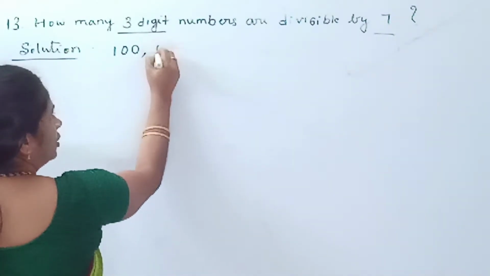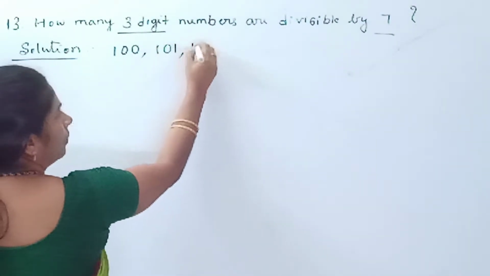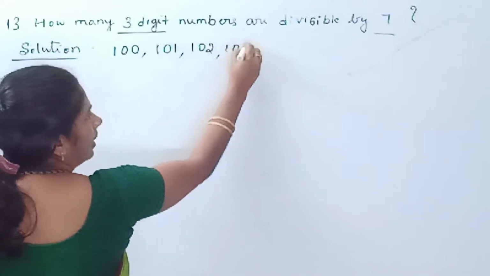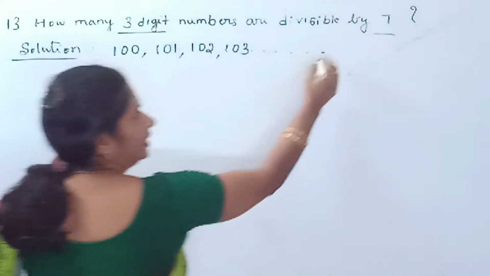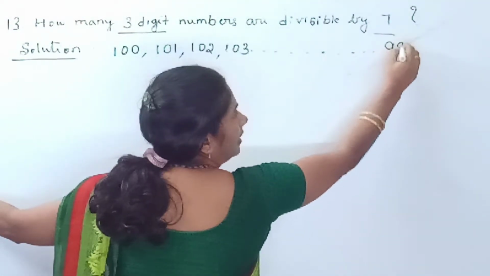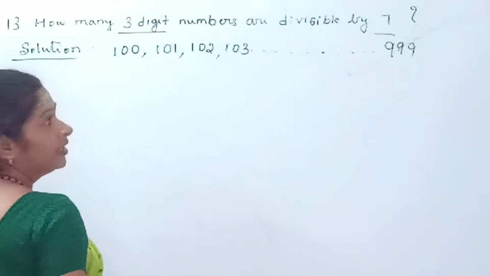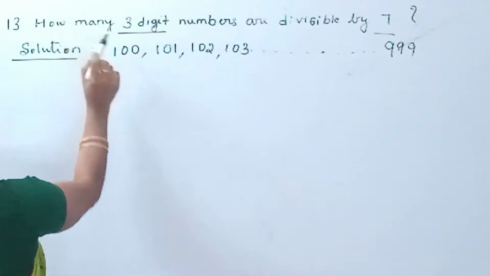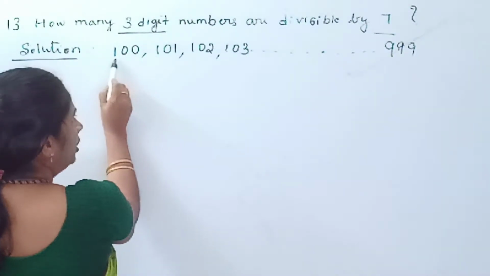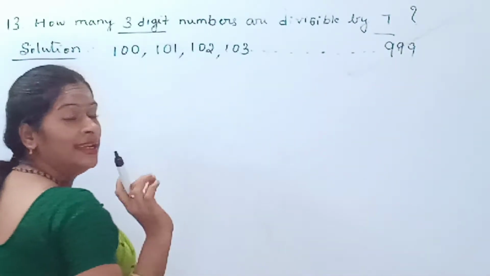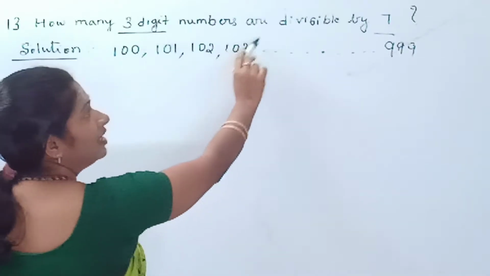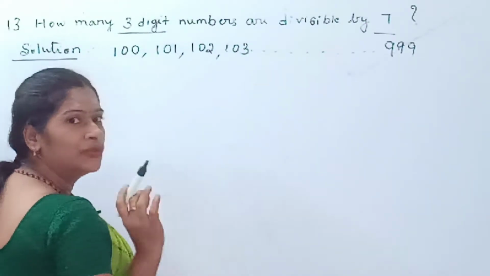Next 3-digit number is 101, 102, 103 and so on, and the greatest 3-digit number is 999. Now what is the question? We have to find out in between 100 and 999 how many numbers are there which are divisible by 7.